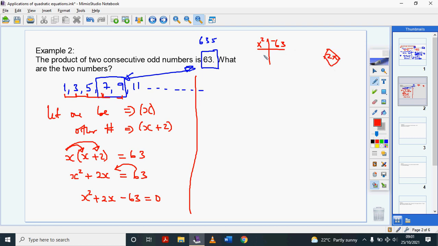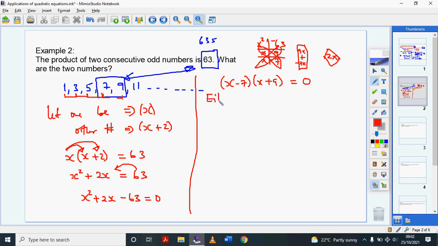So the two factors are x and x here, and then it has to be 9 and 7 there. But because this is positive, the 9 has to be positive, because this will be 9x and 7x, and that means the 7 has to be negative and the 9 has to be positive. So my factors are x plus 9 and x minus 7.